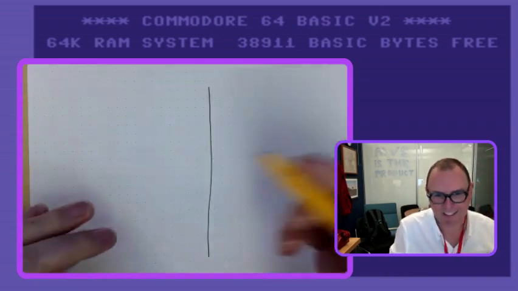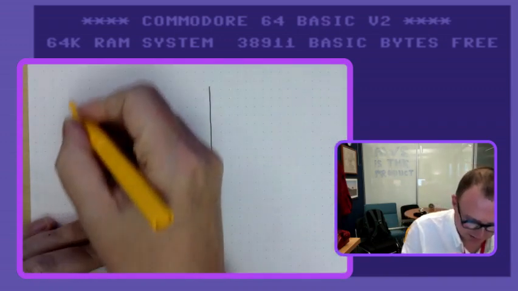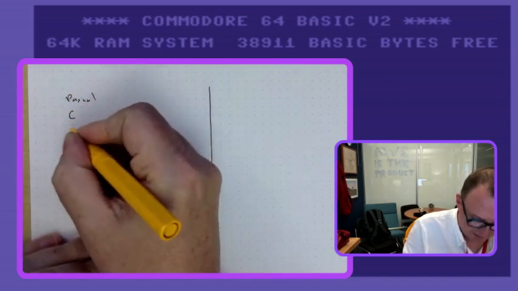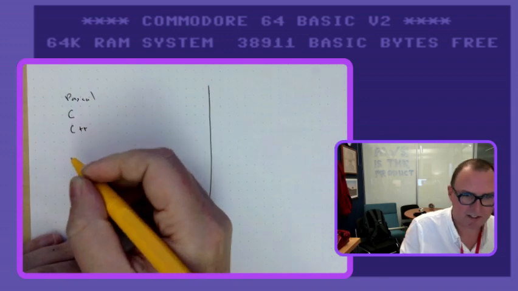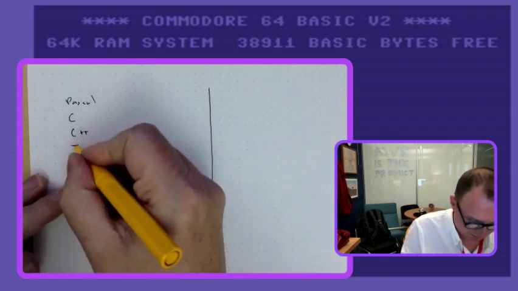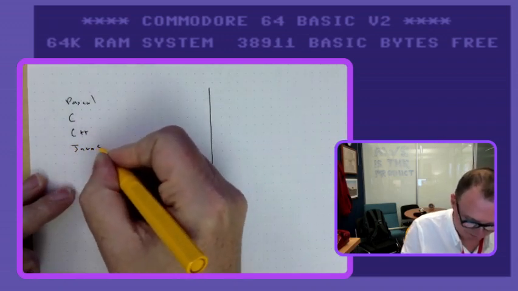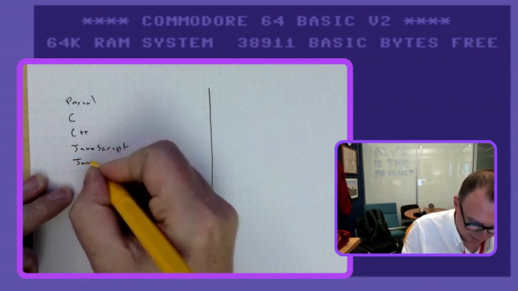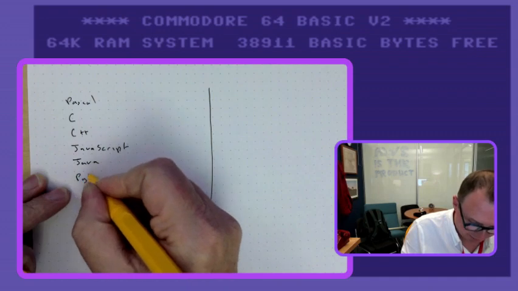So basically the C family, right? So you've got languages like Pascal and C and C++, which is an abomination, but we'll leave that out here. JavaScript, Java, let's say even Python.